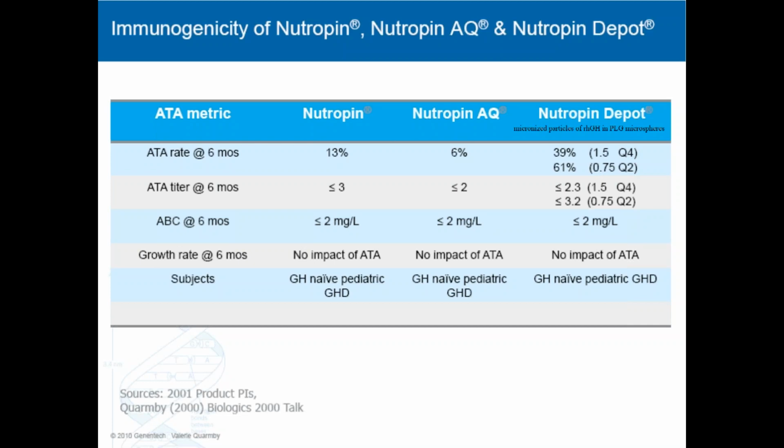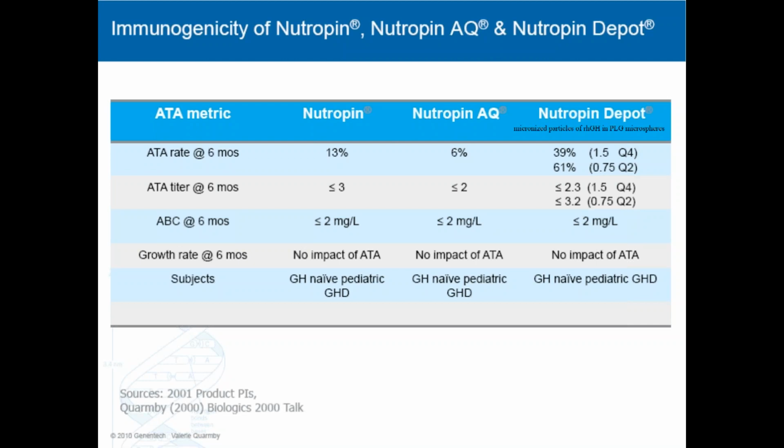One can see that compared to the non-depot preparation, the antibody rate to growth hormone was quite low, but it went dramatically higher in this preparation in which there were particles of growth hormone in these PLG microspheres.